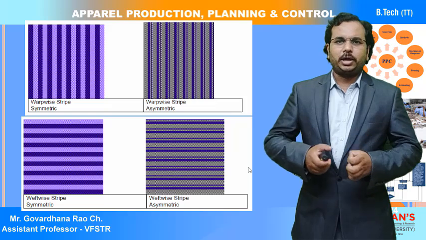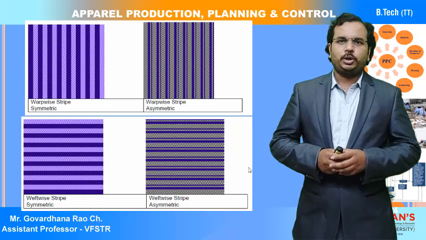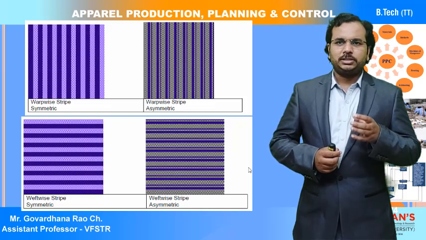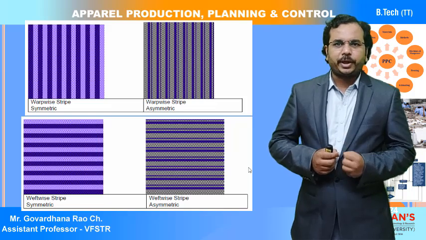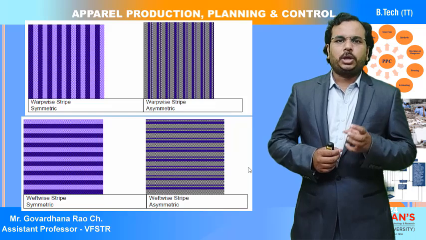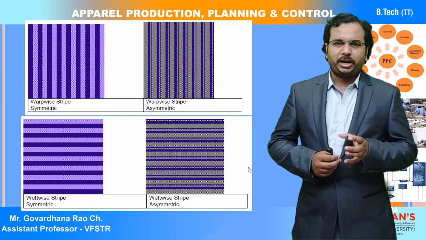So let us look at the different types of fabrics we have. You can observe here warp wise stripes and weft wise stripes. In these, you can observe that there are symmetric patterns and asymmetric patterns.